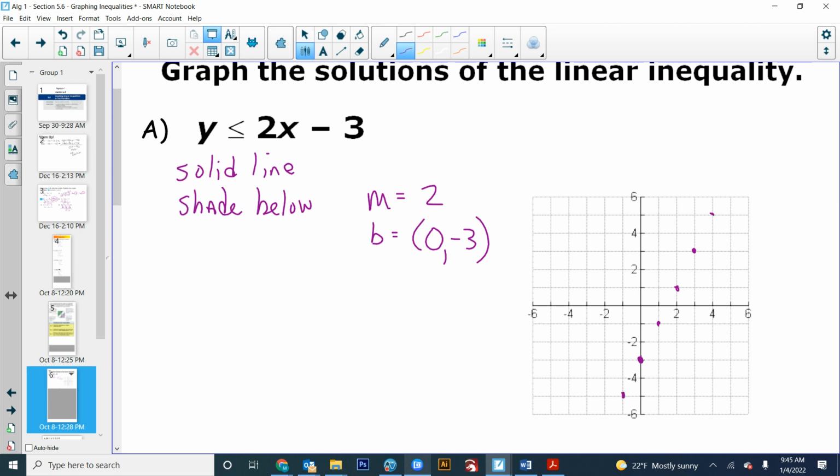I can also go down 2, left 1. Now, solid line or dashed line? This is important. We already determined that, right? Draw a solid line. It's not a great line. I apologize to everybody. I want to talk about what that means in a second after we graph it.